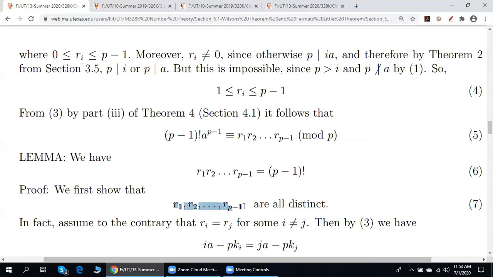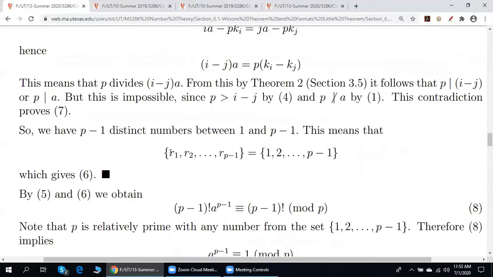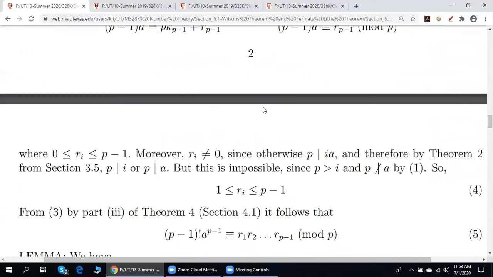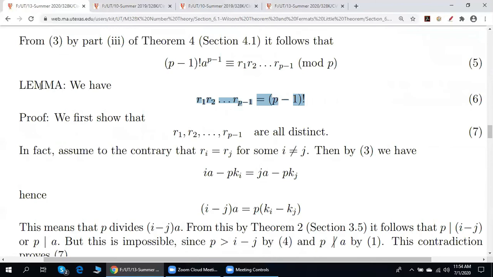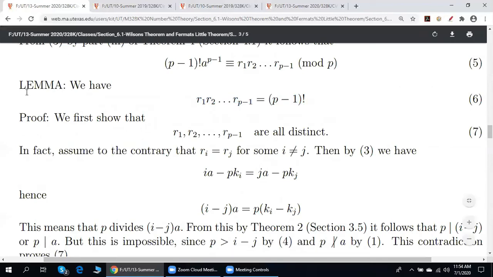Therefore, the set of these integers is equal to the following set: 1, 2, and so on, P minus 1, which means the product of these numbers is equal to the product of these numbers, which is P minus 1 factorial. Proven.